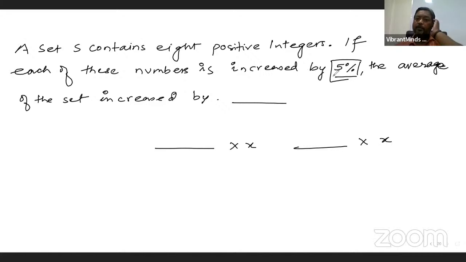And increased. So what will be happening here? The average will also be increasing by 5%. Am I clear, guys? Is it okay?